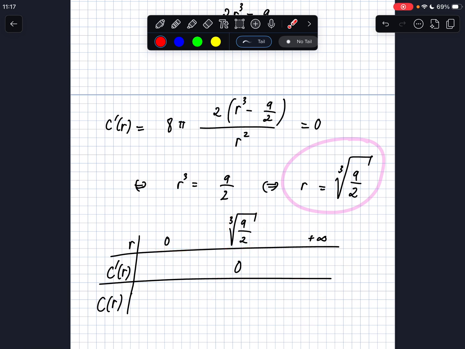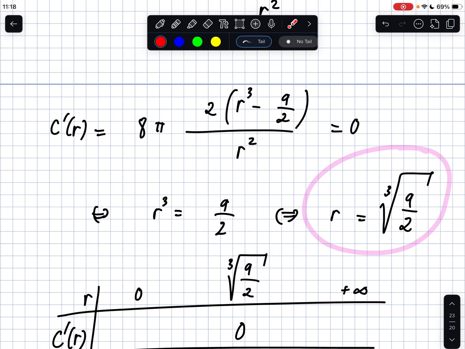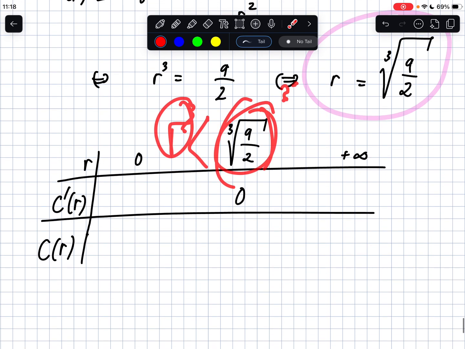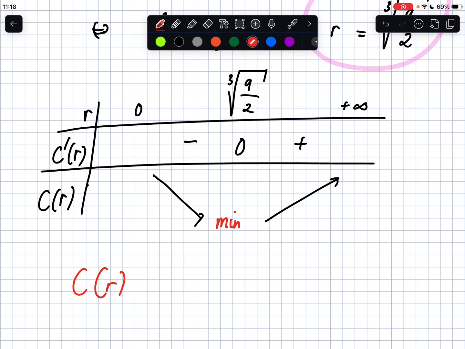So this one is negative, which makes this one minus this one less than 0. Negative and then positive. Go down, go up. Minimum here. So the cost is minimum when radius is the cube root of 9 over 2.